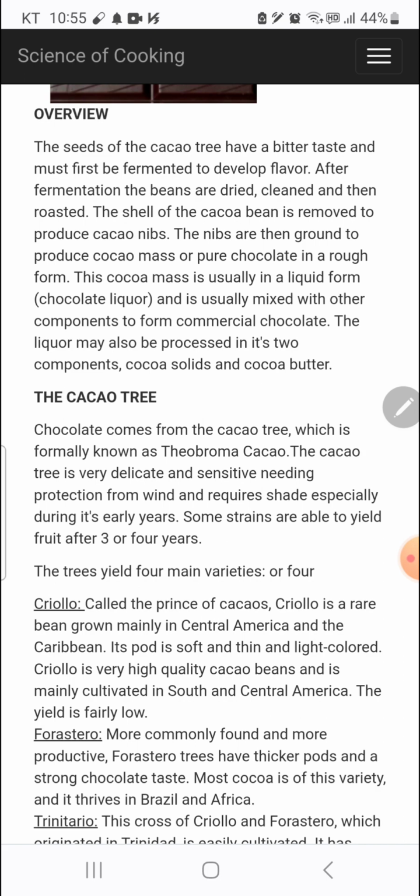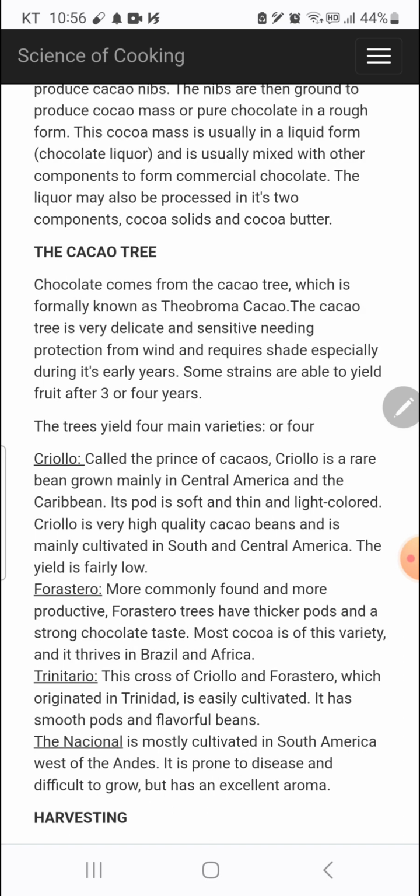So first, the cocoa seed is fermented, then cocoa nib is produced. It will be ground, and then the cocoa liquor is produced in a rough form. And this cocoa liquor will be processed into either cocoa solids or cocoa butter.